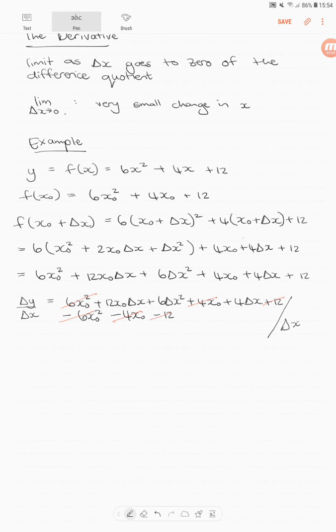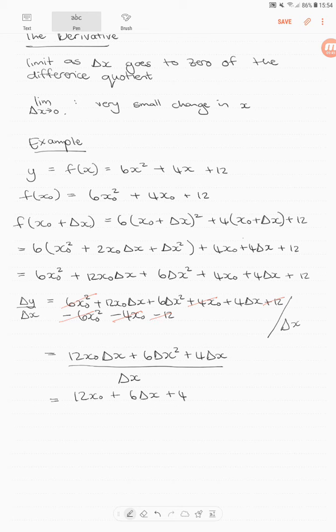So our difference quotient in this case is equal to 12x0 delta x plus 6 delta x squared plus 4 delta x over delta x. In each of the terms above we have a delta x, so we can divide the denominator into each of the numerator. So we are left with 12x0 plus 6 delta x plus 4.